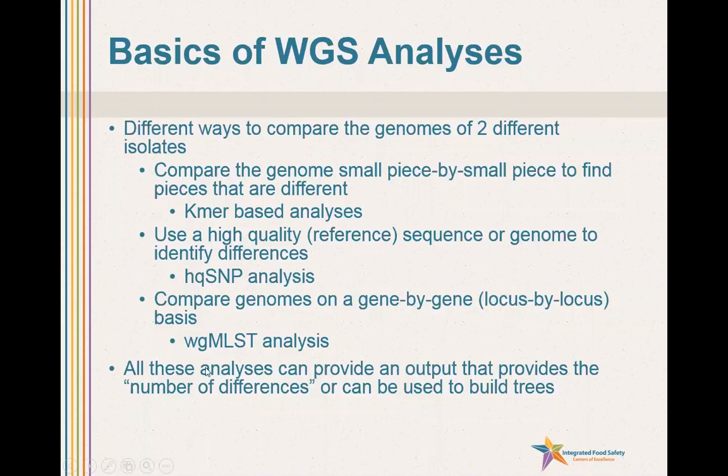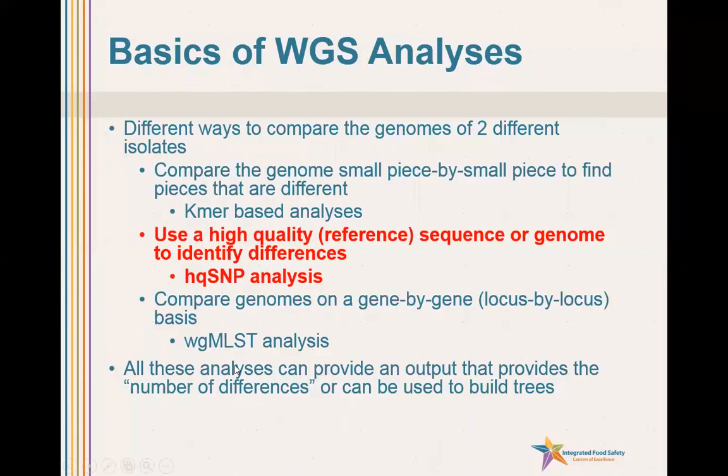Importantly, for both of these analyses, we utilize the same raw data. When the lab performs the whole genome sequencing, the same set of data can be used to do high-quality SNP or whole genome MLST analysis. It can be used to do high-quality SNP analysis today and whole genome MLST in a week or a year, and vice versa.